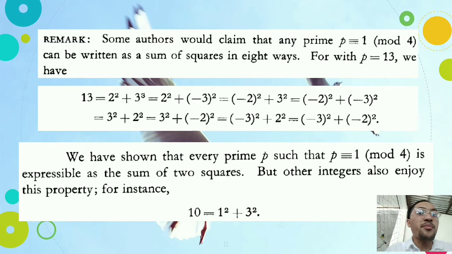We have shown that every prime p congruent to 1 modulo 4 is expressible as the sum of two squares, but other integers also enjoy this property. For example, 10 equals 1 squared plus 3 squared. If we simplify 1 squared and 3 squared, we have 1 plus 9, which is equal to 10. So 10 equals 10.